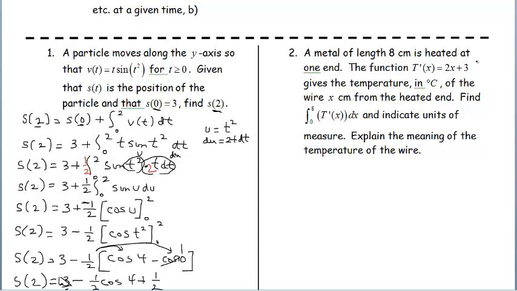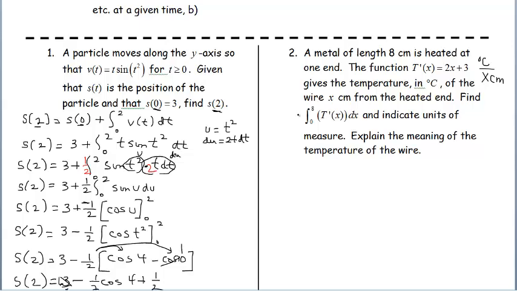So this appears to be a rate of change. Okay, so the units would be degrees Celsius over x centimeters. Which doesn't really make a lot of sense, but it is what it is. And for the rate of change, it's degrees Celsius per the x centimeters from the end that you're heating.